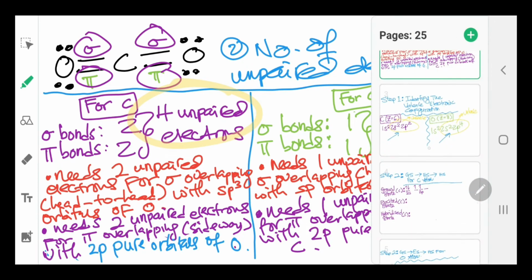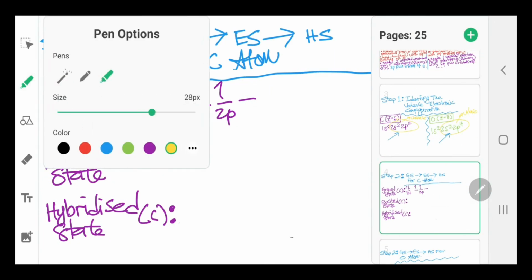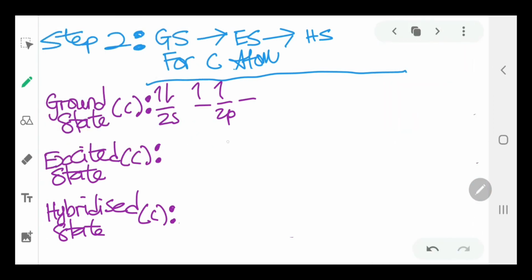So what we have to do next is try to excite one of the electrons from the 2s orbital into that empty orbital right over here. Then you get something like this. So this electron is initially that electron, but it has been excited to that empty orbital to have 4 unpaired electrons.